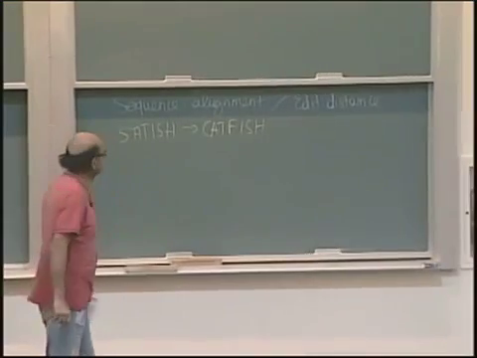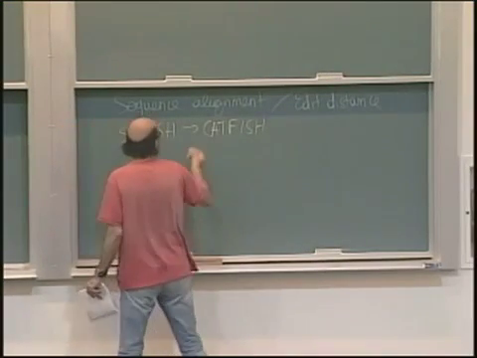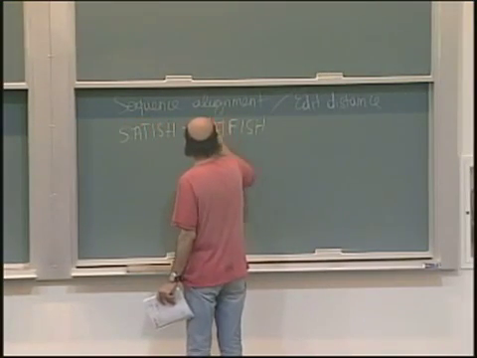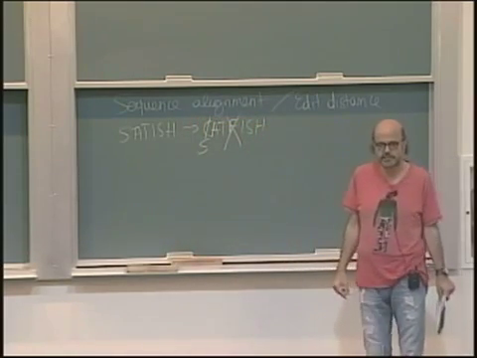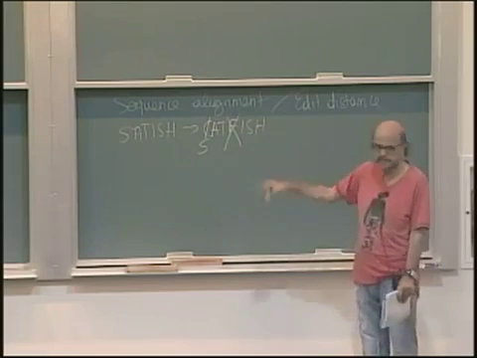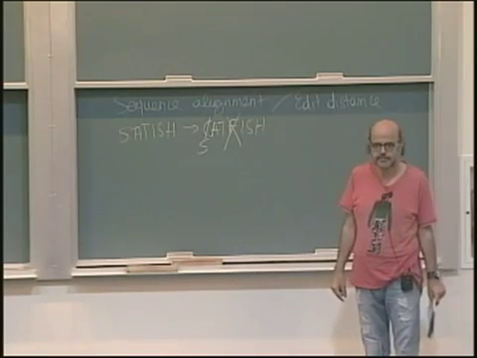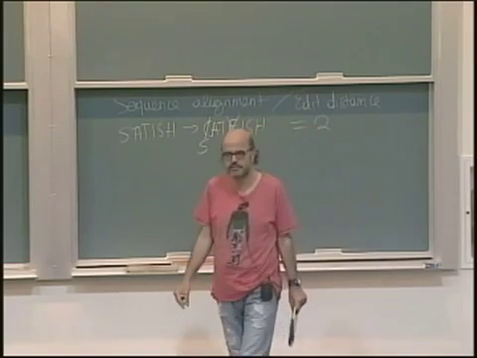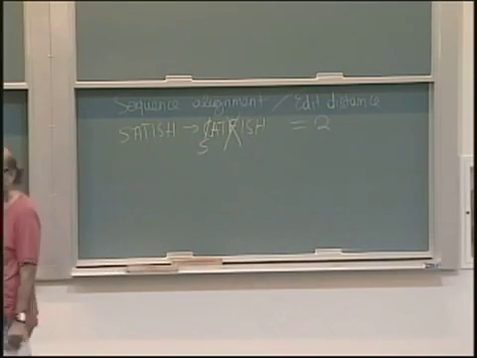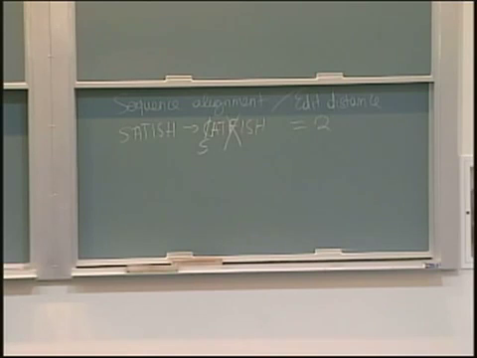What do you have to do? You just replace this by S, and you delete this, and you have Satish. Edit distance equals 2. That's the edit distance between Satish and catfish.